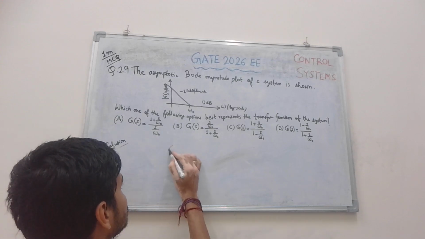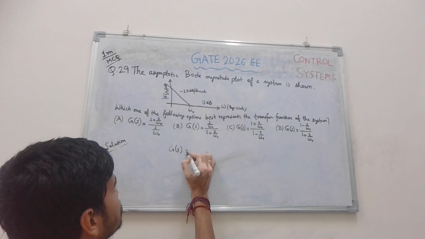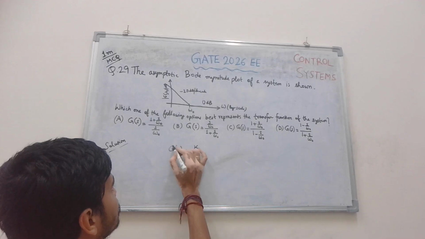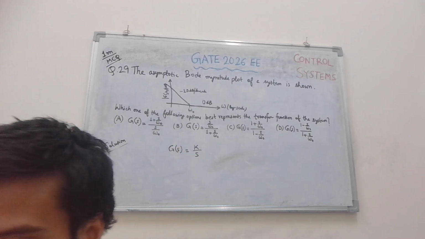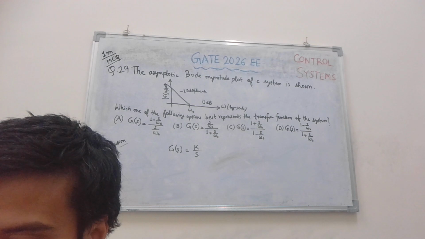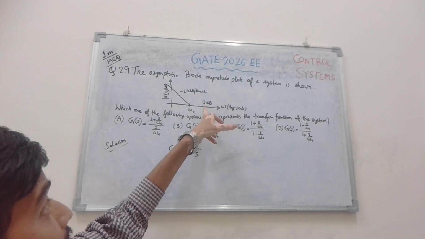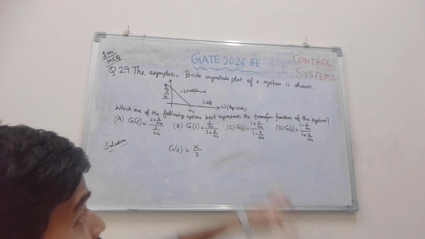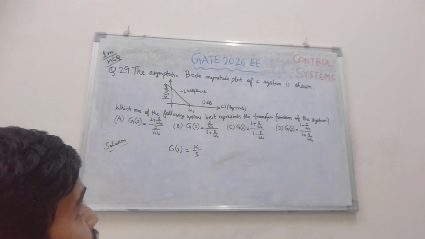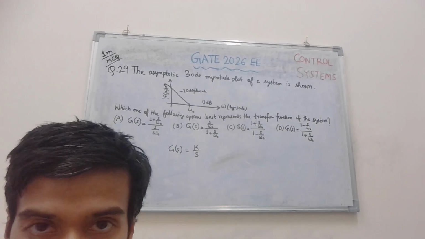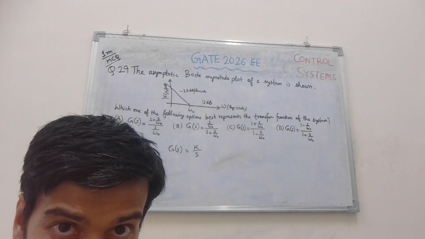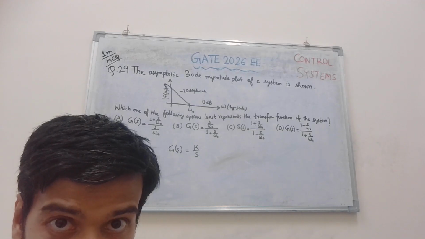So let G of s be as follows. Now the slope changes to 0 dB per decade and becomes constant at 0 dB at omega equal to omega naught. So the corner frequency must be omega naught.